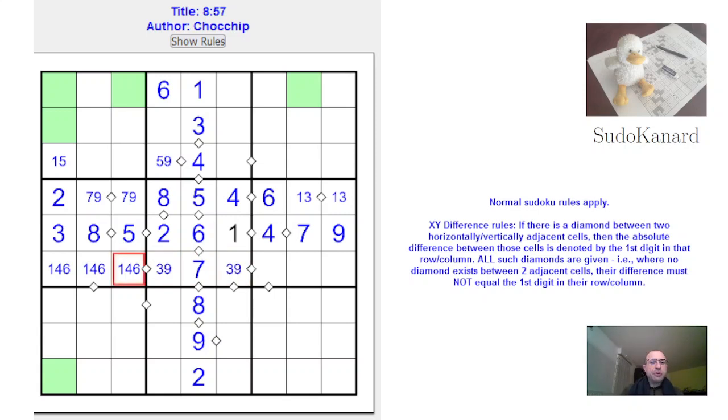So this should help. What are the possibilities here? 9 doesn't work with any of them. So that's a 3. That's a 9. 3 with a 6 would have a difference of 3, which is not allowed. 3 and 1 would have a difference of 2, so that's 3 and 4 with a difference of 1.